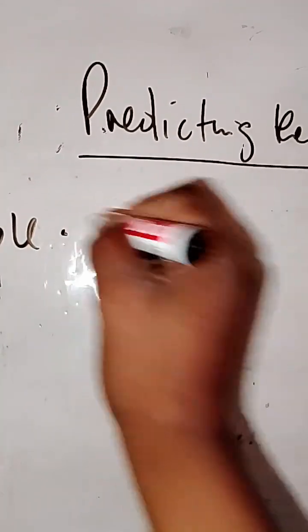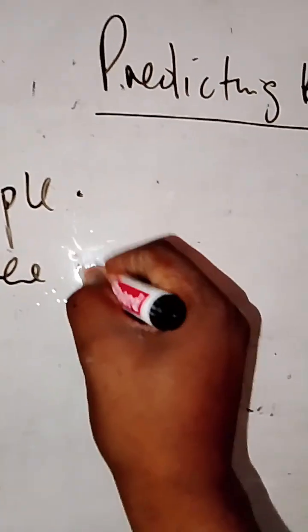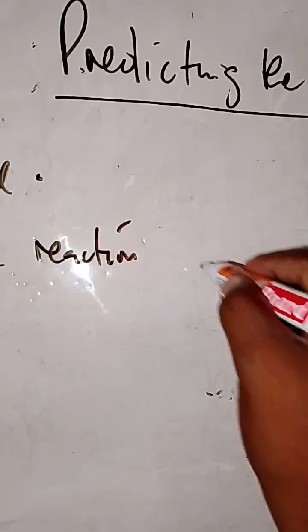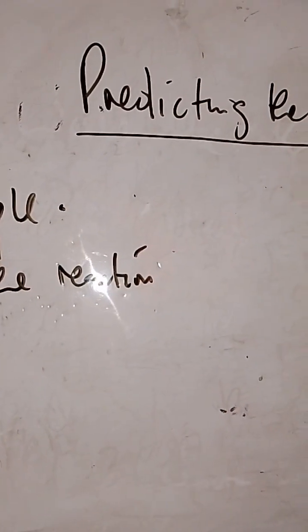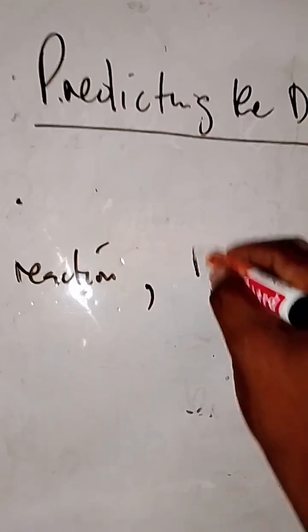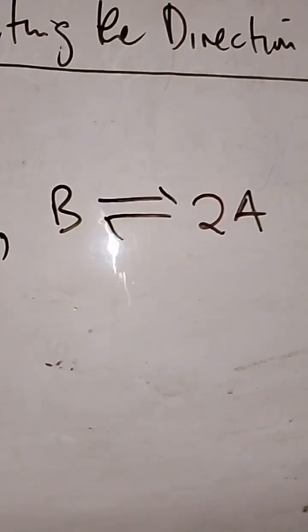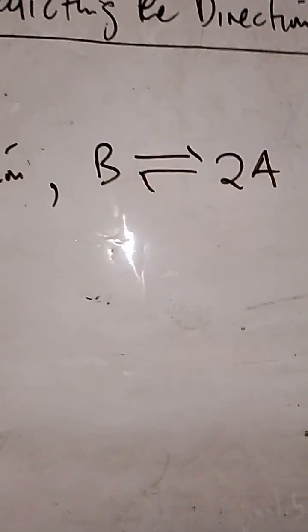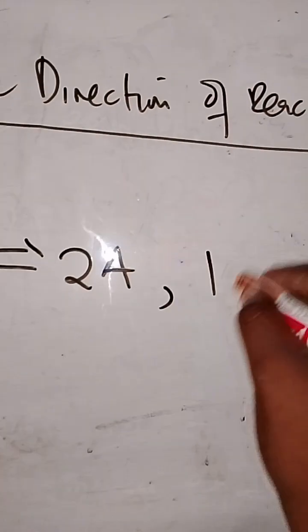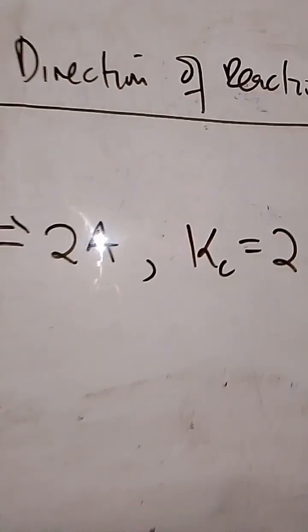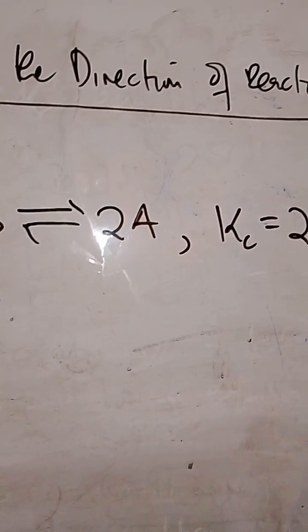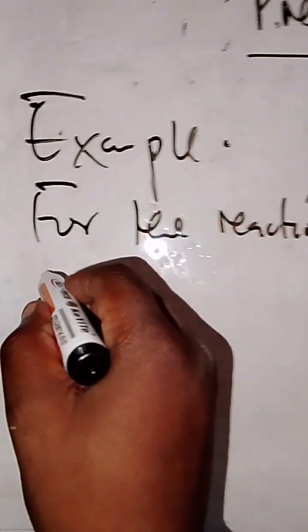For example, for the reaction B forms 2A, Kc is equal to 2.